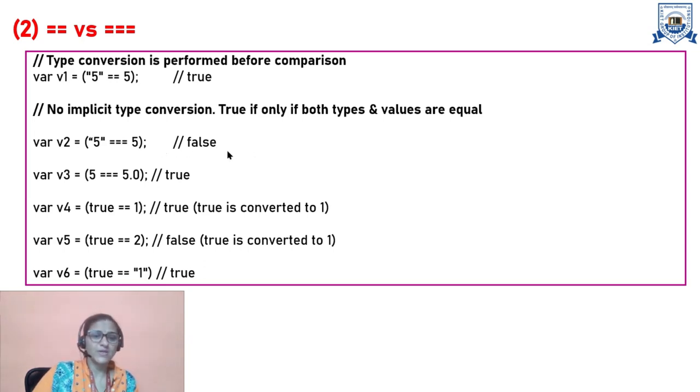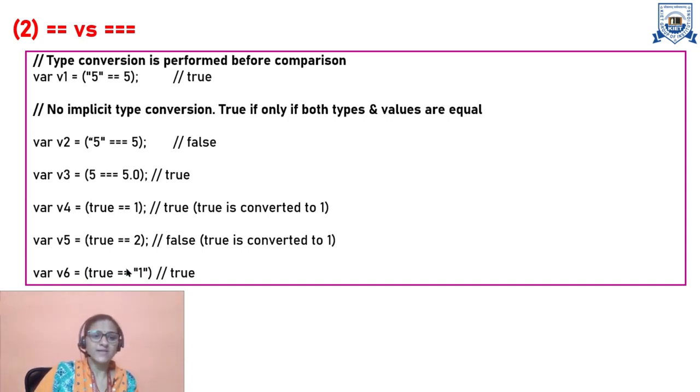It returns true if and only if both the types and the values are the same. So when we have to check data strictly in this manner, we use triple equal to. In this case, 5 triple equal to 5.0, both are numeric. It is true.